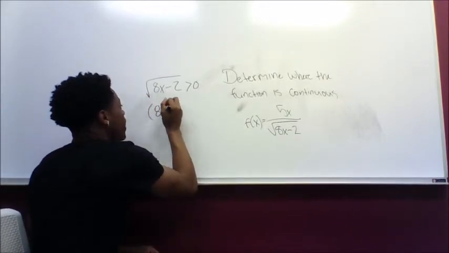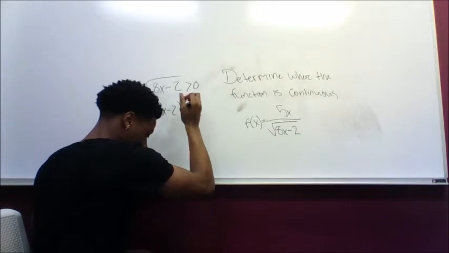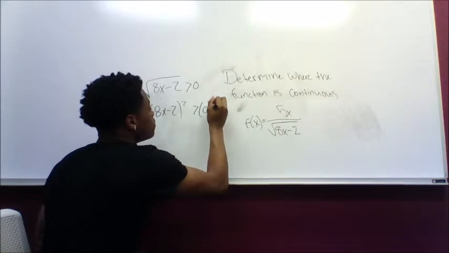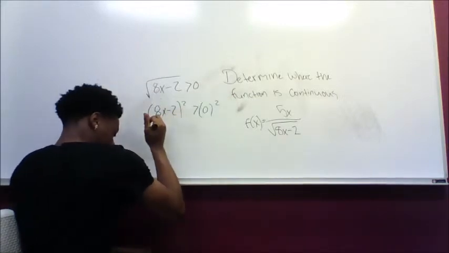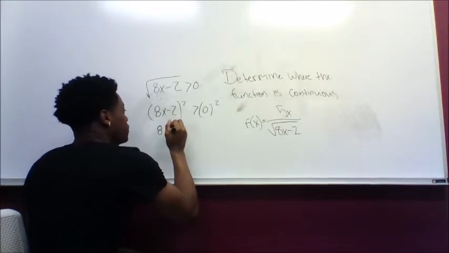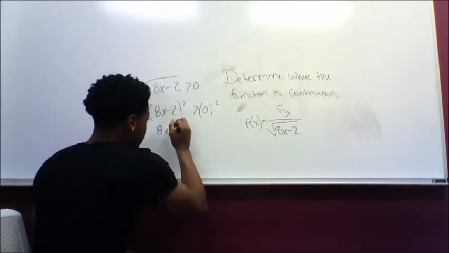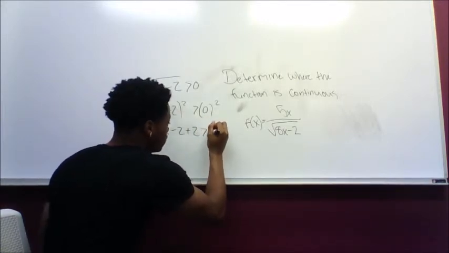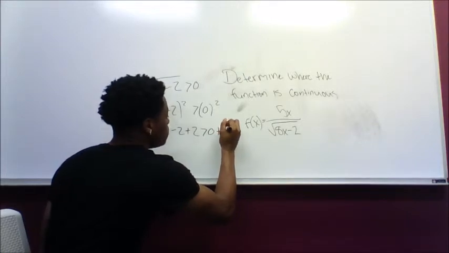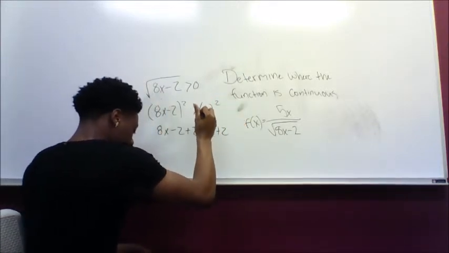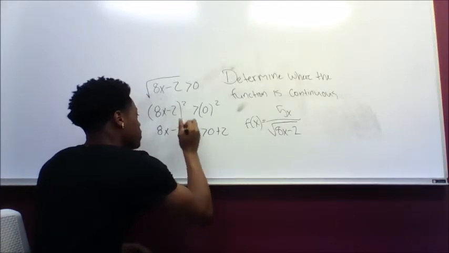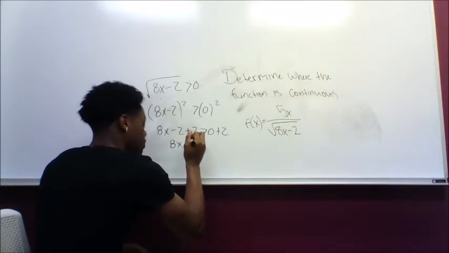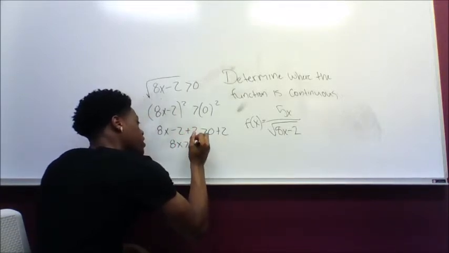Right here, 8x subtract 2 is greater than 0. Now we add 2 to both sides. The 2s cancel out on the left, and that's going to be plus 2 on the right. So 8x is greater than 2.